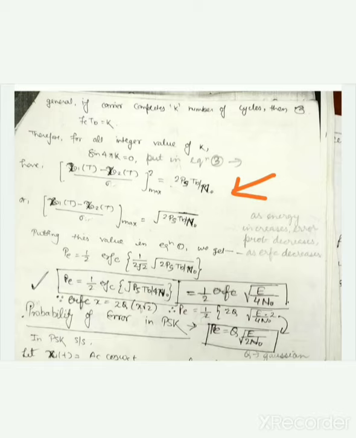SNR is (x naught 1t minus x naught 2t) divided by sigma maximum value squared, that will be equals to 2PSTB by n naught. Now because this value is square, we have to remove the square, that means the RHS will come under square root. So we will get the value under root 2PSTB by n naught.